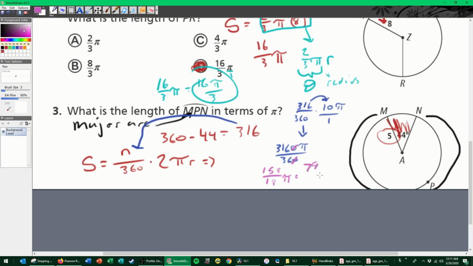It's going to leave me with 79 over 9 pi. 79 is not divisible by 9. It's not divisible by 3 because 7 plus 9 is 16. 4, no. 5, no. 6, no. 7, no. 8, no. So yeah, I'm pretty confident that we can say the simplified version in terms of pi for the major arc MPN is 79/9 pi.